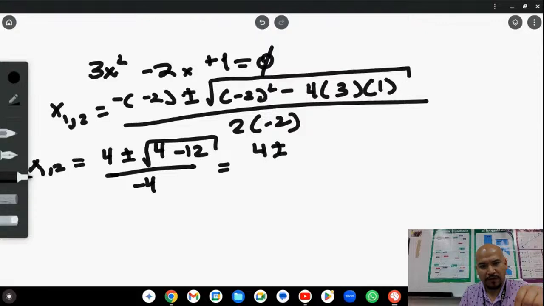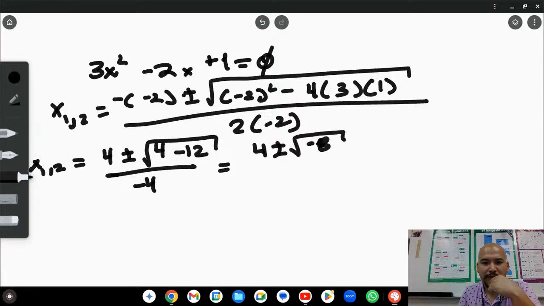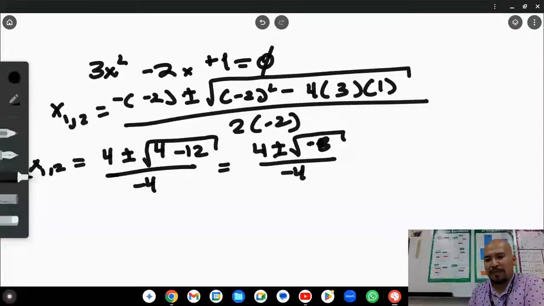So 4 plus and minus 4 minus 12, that's going to give me negative 8, which is going to be another imaginary. You know what the heck? I'll give you some imaginary numbers. So just make sure you switch to the complex mode, okay?